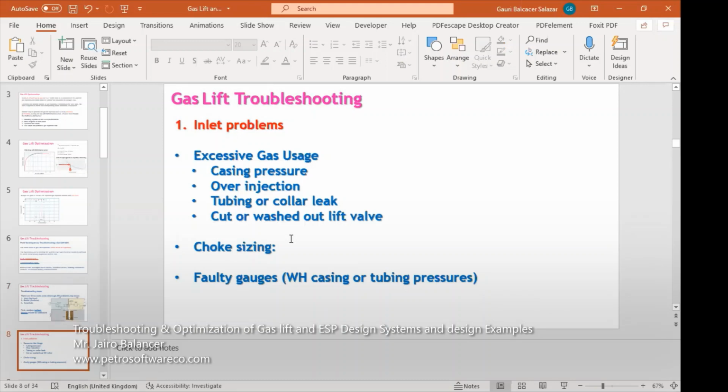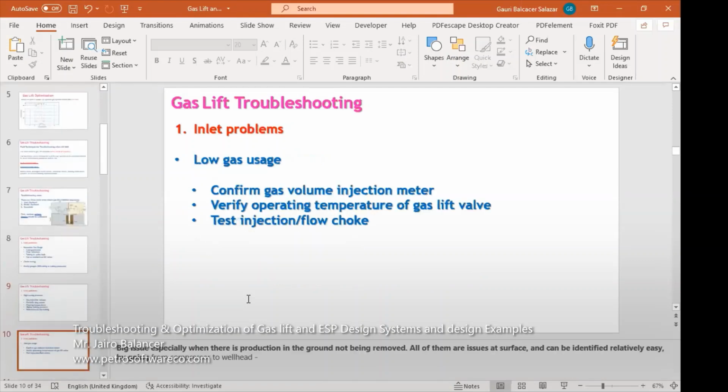Those are some of the inlet problems. Choke sizing: if the size of the choke is wrong, we get either too much or too little gas. Faulty gauges, as I mentioned, just to read the wellhead casing or tubing pressures.